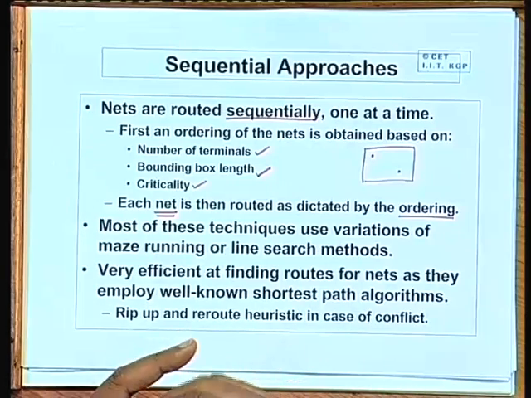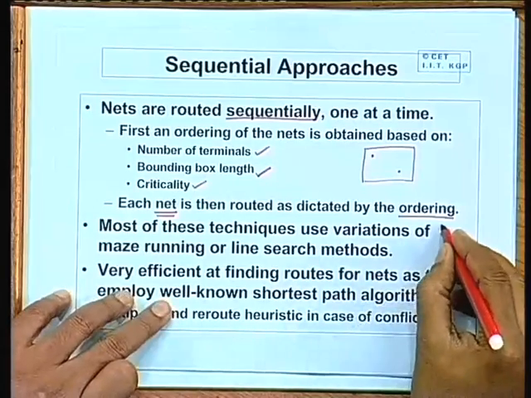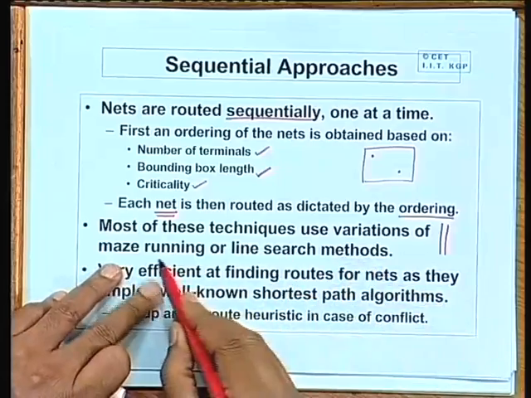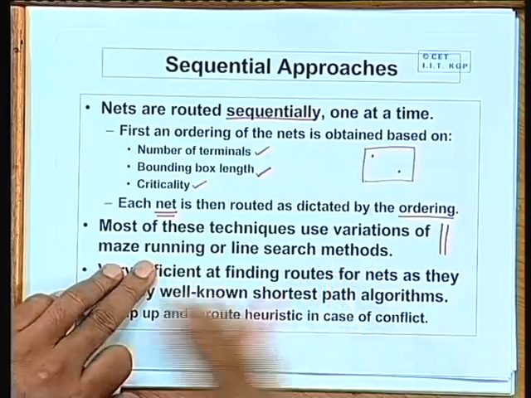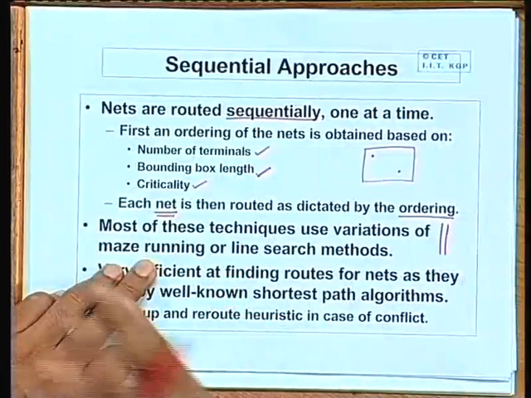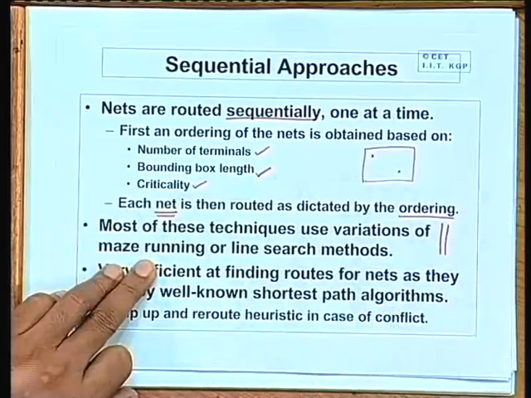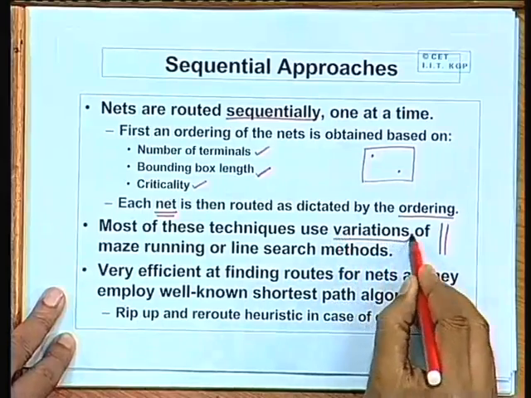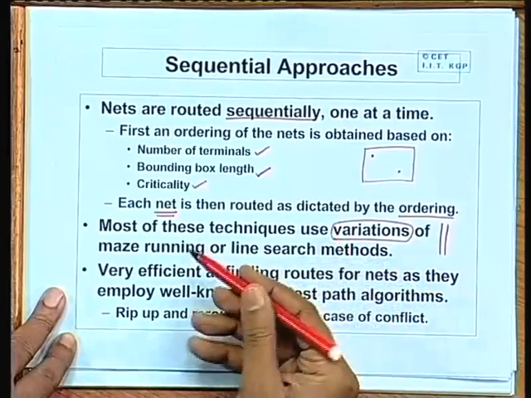Now, in global routing, they use some variations of maze running or line search. The graph search algorithms we are talking about are also some kind of maze running or line search. The data structure is different, the algorithm we follow is different, but conceptually they are doing something similar. When you say variations of this algorithm, they may also include the graph algorithms.